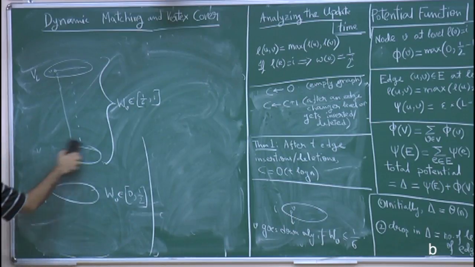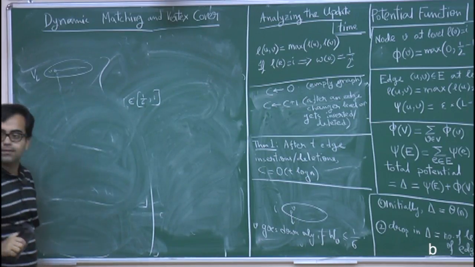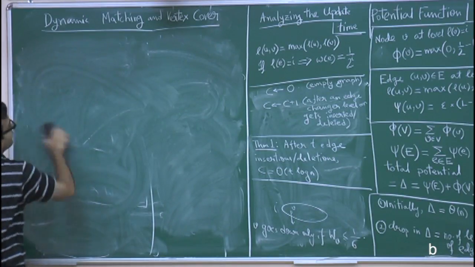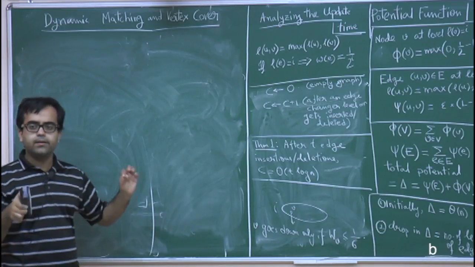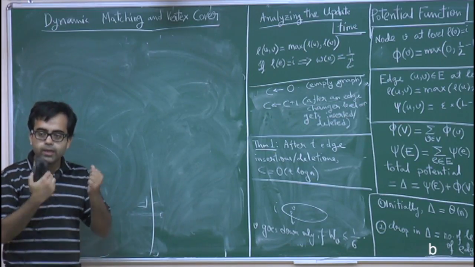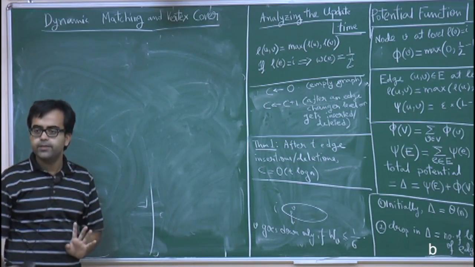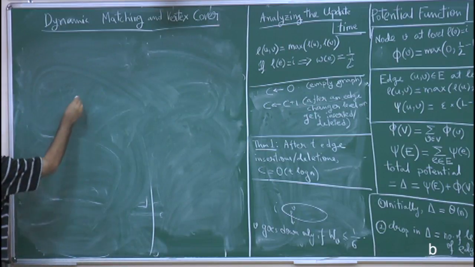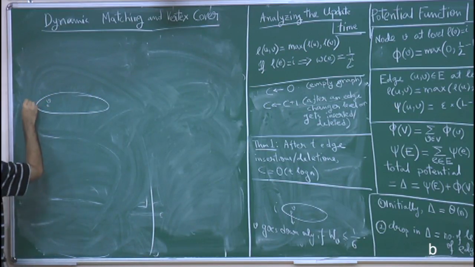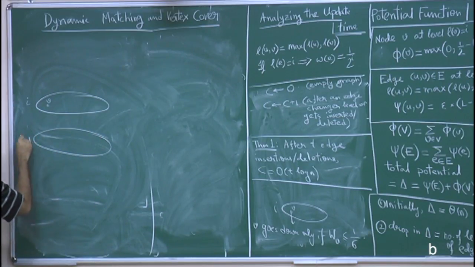So, look at a bad event. What is a bad event? Some edges are decreasing their levels. How can this happen? Only when a node is decreasing its level by 1, that is the elementary operation we are concerned about. Suppose here is this node V at level i, and now V is going to go to level i minus 1.